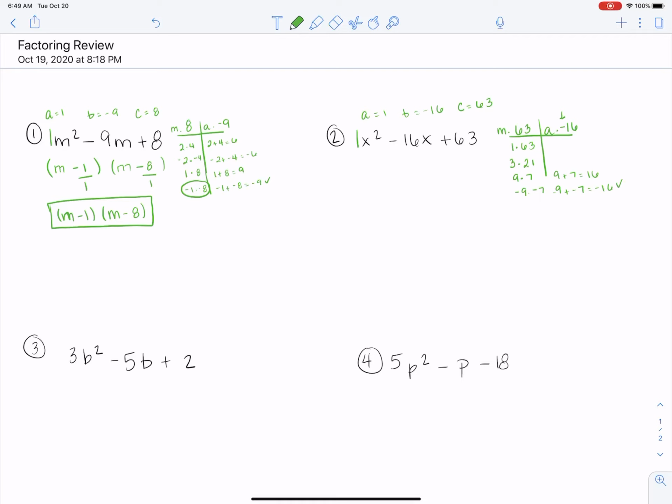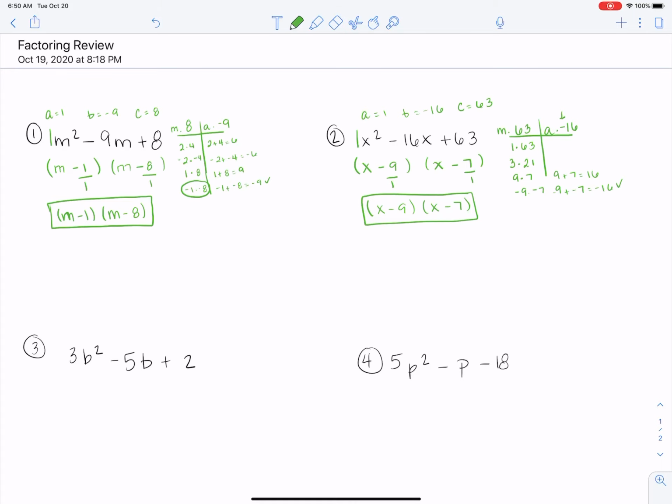I'm going to break it up into two binomials. Put your x first, minus 9 in one, minus 7 in the other. Then the very last step is to divide by A. If I divide by positive 1, nothing really changes, so my factors are x minus 9 and x minus 7.